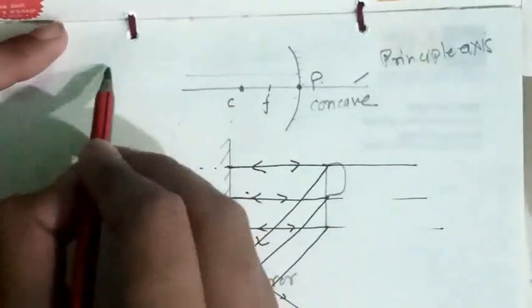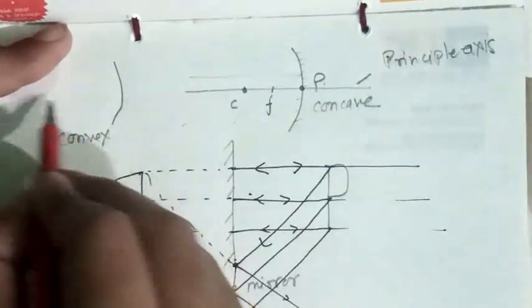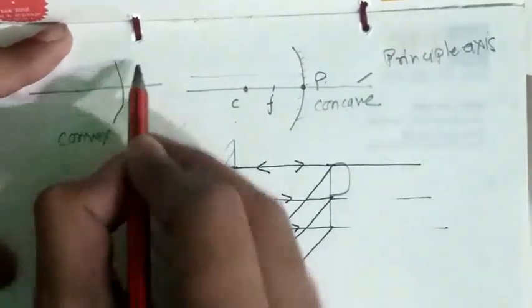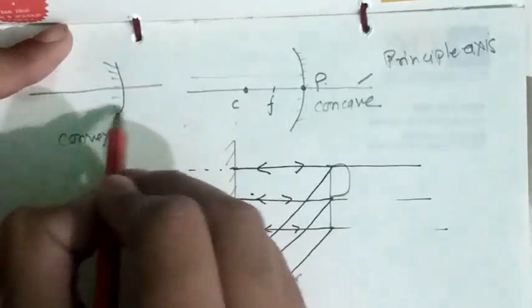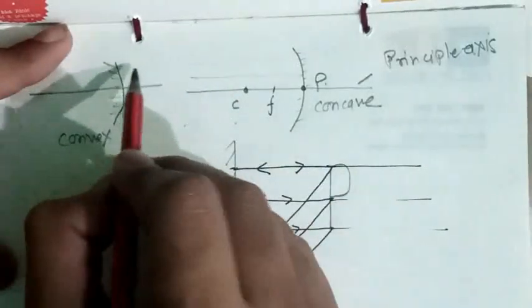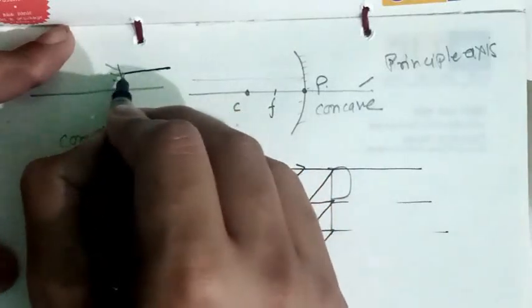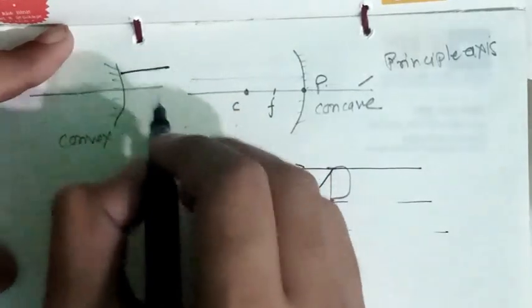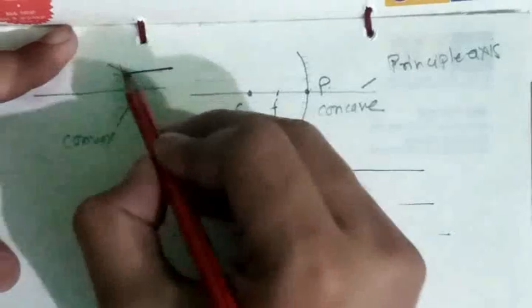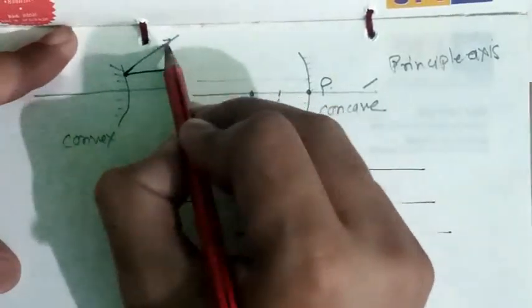In case of a convex mirror, this is the principal axis. This side is polished. The light comes here. This light is coming, and this is striking back. This is coming, this is striking back.